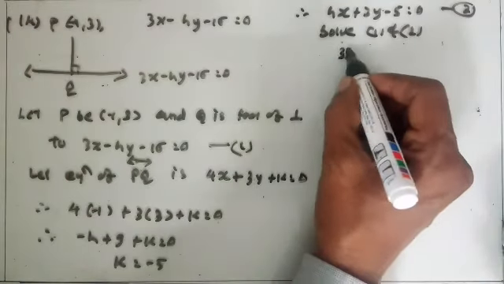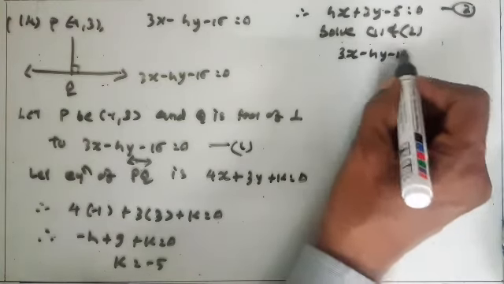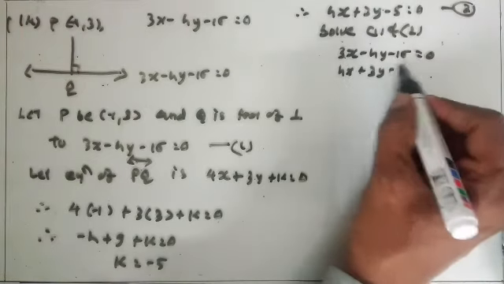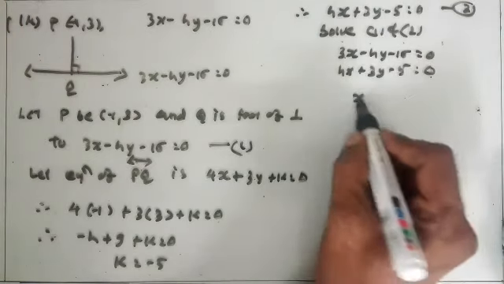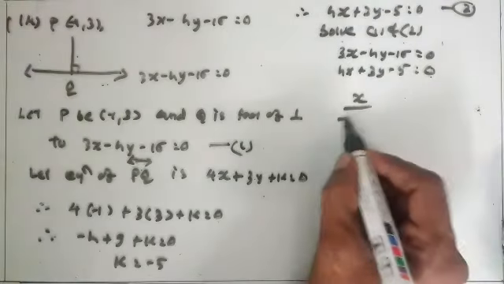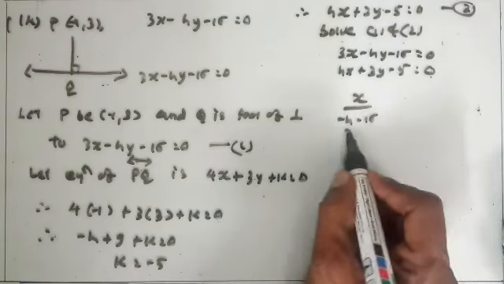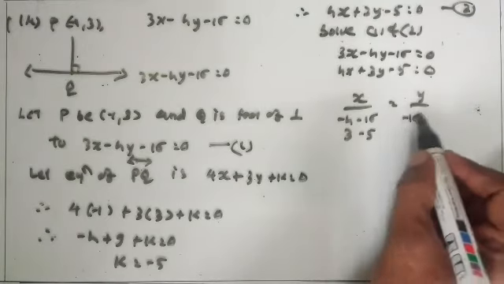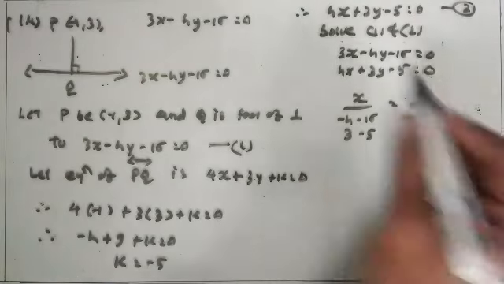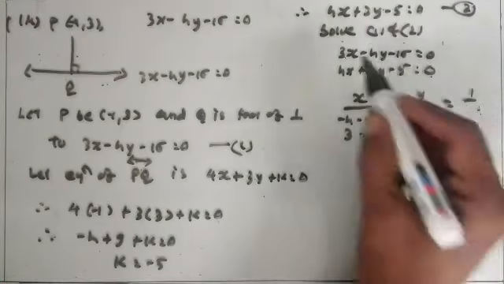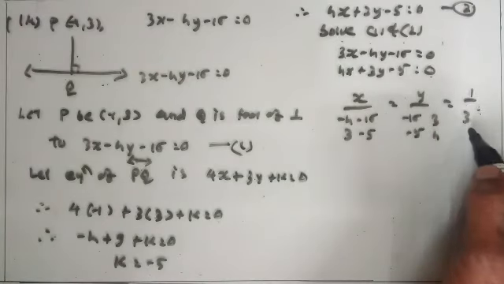First write 3x - 4y - 16 = 0. The second line is 4x + 3y - 5 = 0. Using Cramer's formula, x/(-4·-5 - (-16)·3) = y/(-16·4 - (-5)·3) = 1/(3·3 - (-4)·4).